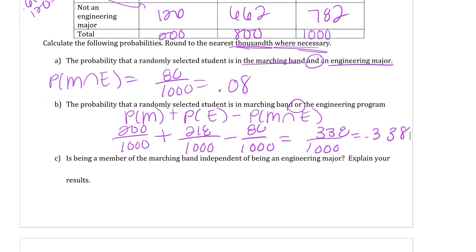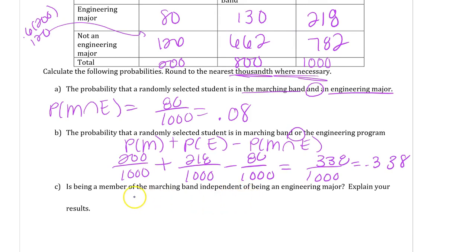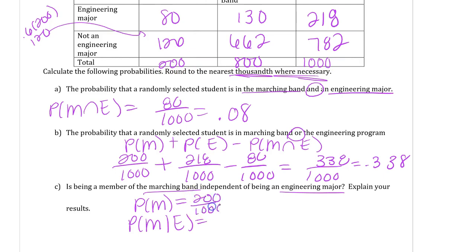Lastly, is being a marching band member independent of being in the engineering major? So what I'm going to do is calculate probability of being in marching band first, and then marching band given engineering. Okay, so probability of marching band we said was 200 out of 1,000, which is 0.2.